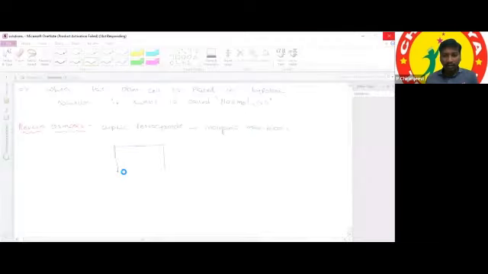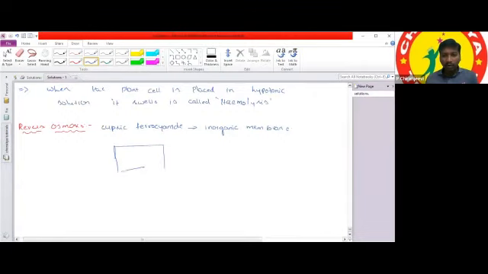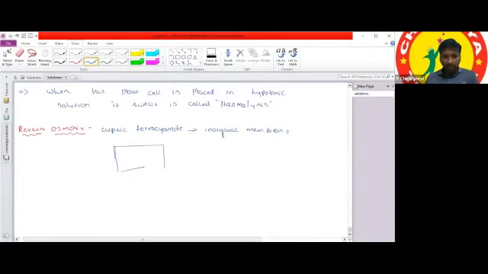One compartment contains the solvent, and the other contains the solution.